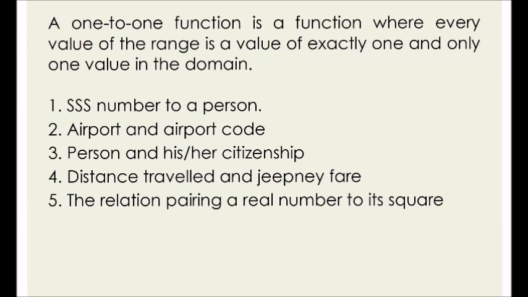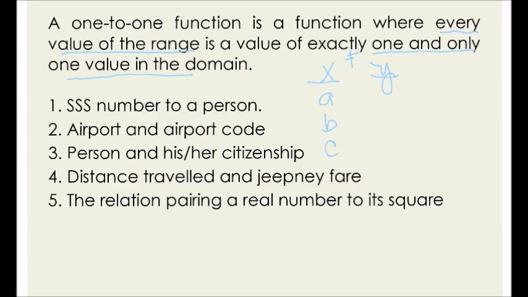So when we say one-to-one function, this is a function where every value of your range should have exactly one value and only one in your domain. So for example, we have here our function, let's name it f, function f, and we have on the domain a, b, and c.